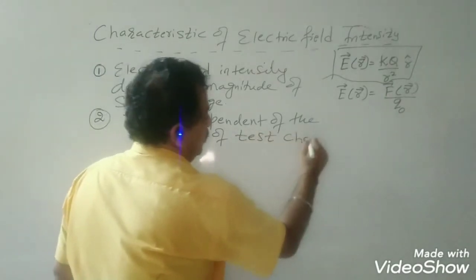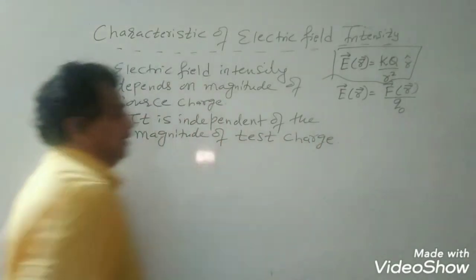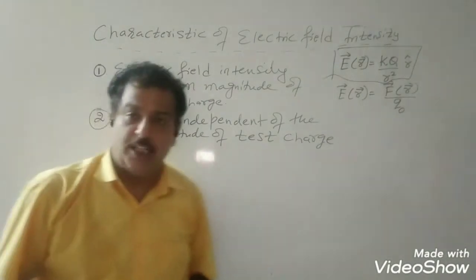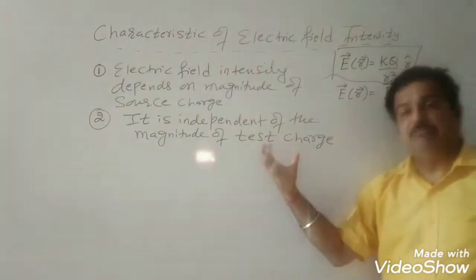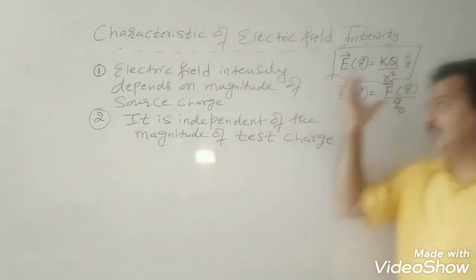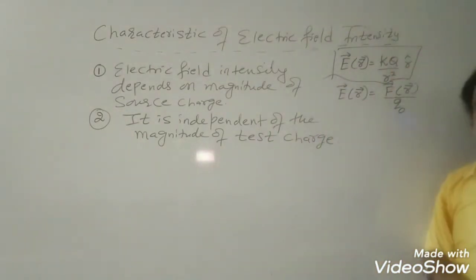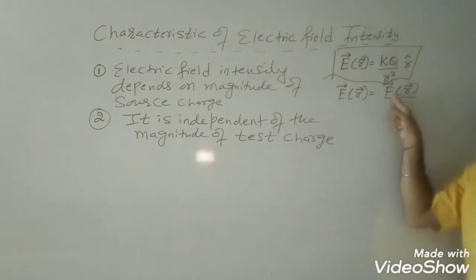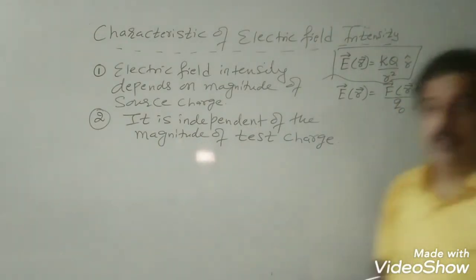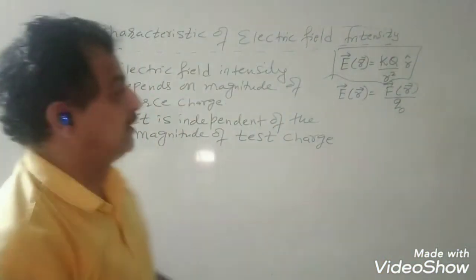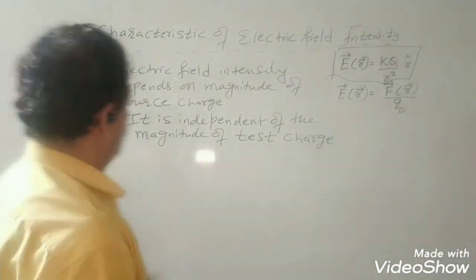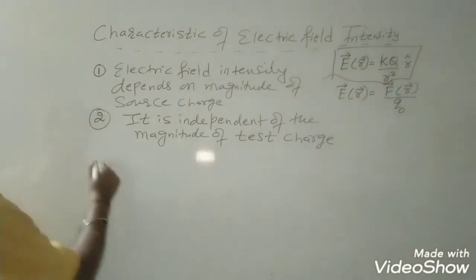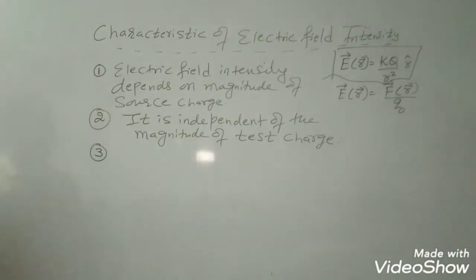And so the convention is that the test charge should be as small as possible, although if you take the test charge any value, in the answer you will get only the source charge, because after applying the Coulombian force, we have to divide that force by the test charge. So anyhow the test charge will be cancelled. We will see why the test charge should be as small as possible.